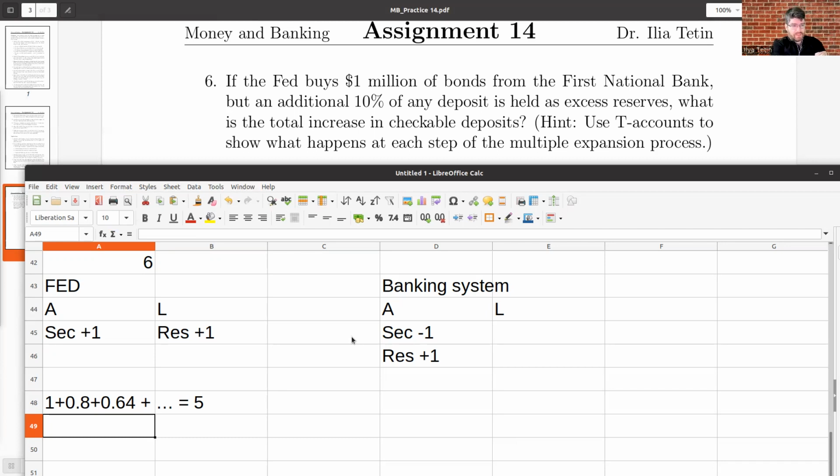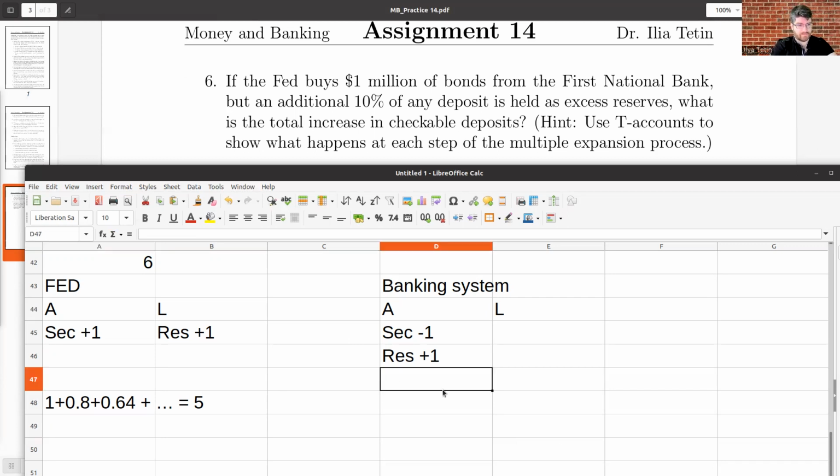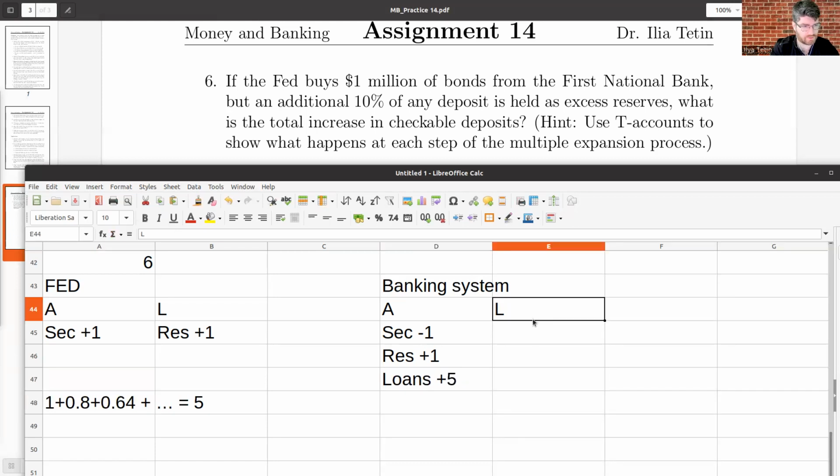This is 5. So this row ends with 5. Let's show that the loans from this +1 are 5, and checkable deposits to equalize also 5. This is the effect of an additional 10% on each deposit. Okay.